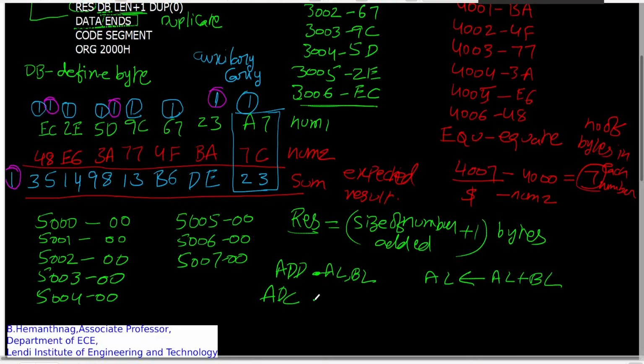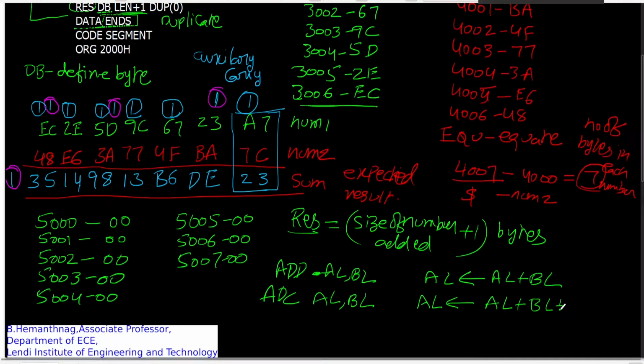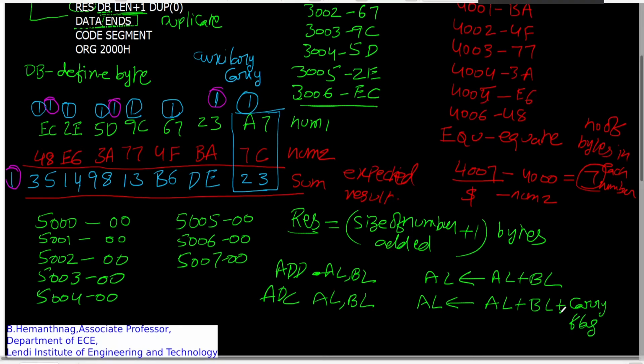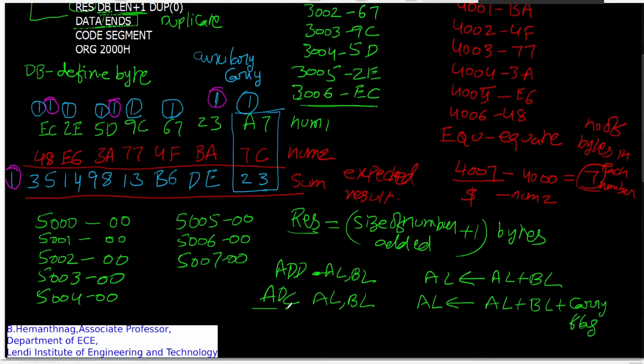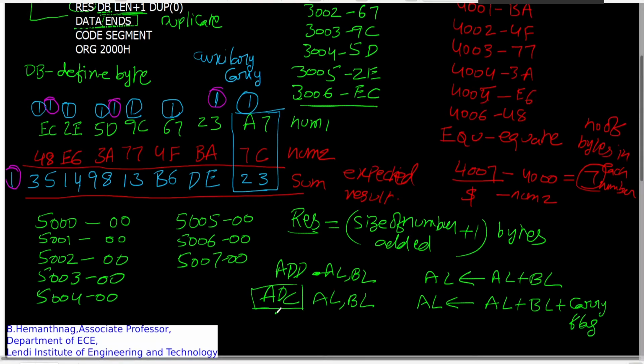Whereas if I write ADC AL, BL, what will happen? AL will get the sum after addition of the current content of AL with BL plus the carry flag, which will hold the carry of the previous addition. So this is what we need. We need this instruction for the higher additions, not the first byte.